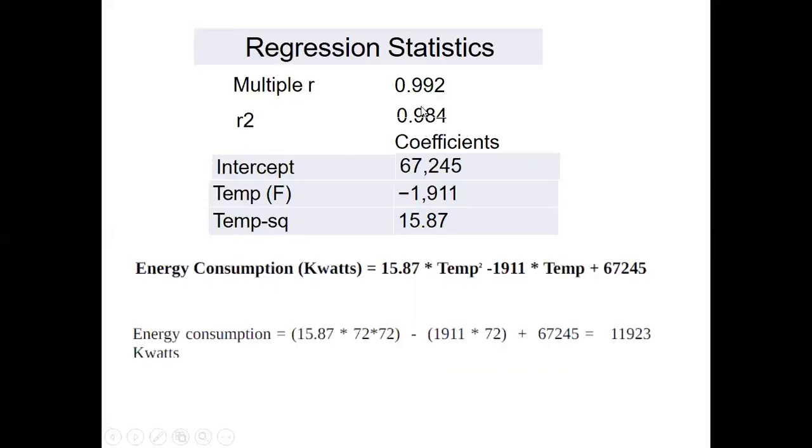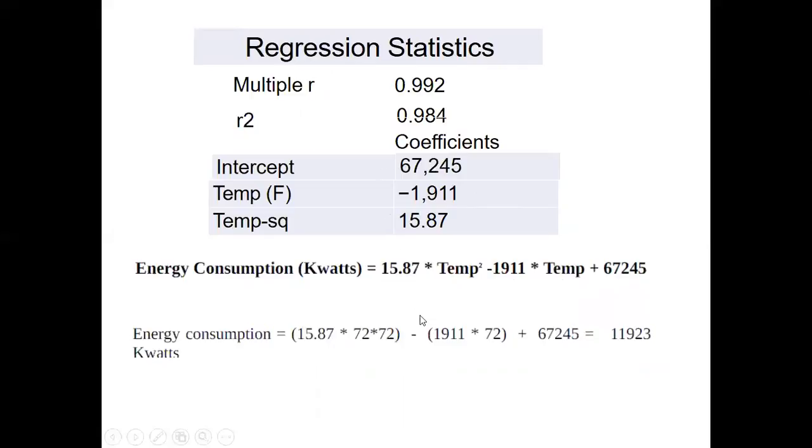The regression coefficients help create the following equation: 15.87 times temperature square minus 1911 times temperature plus the intercept. For example, say the temperature value is 72 degrees.